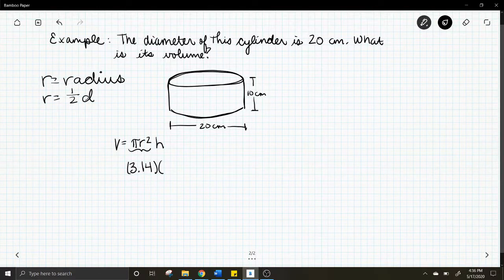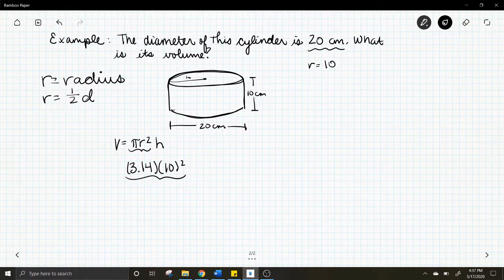So in this case, if the diameter is 20, the radius is 10, half the distance across. So we've got 10 squared. That's the area of the circle. Let's calculate that first. So 3.14 times 10 squared centimeters is going to be 314 square centimeters.